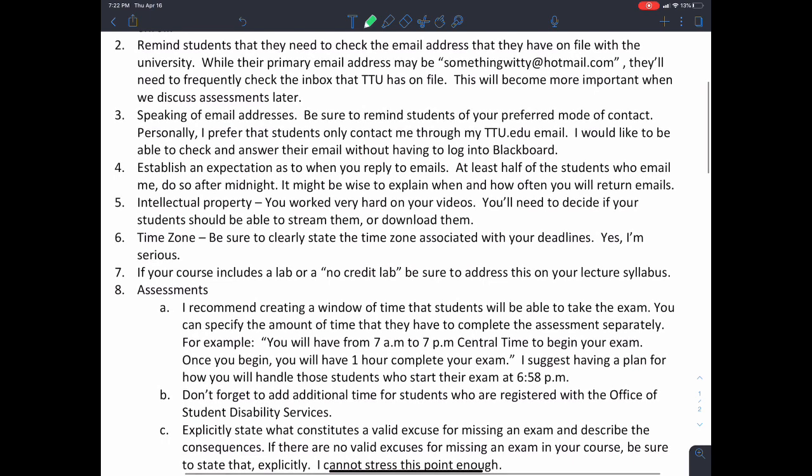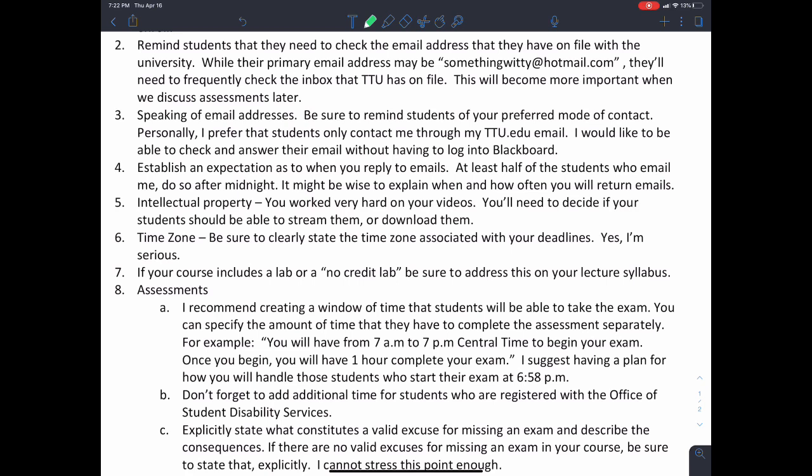So about the ability to correspond with your students. Please remind them that the email addresses they have on file are the primary way that you will get in touch with them for reminders and important notices and things of that nature. If they have an email address that's somethingwitty@hotmail.com that they check by the minute, that may not be where your messages are going.